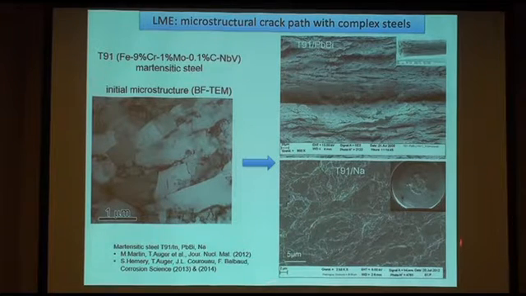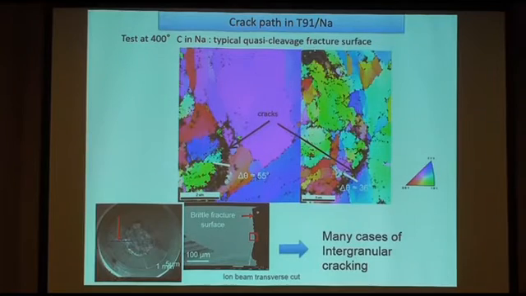Other cases were more conventional, like the same steel in contact with sodium, and here we have a typical fracture surface of quasi-cleavage. So one of the questions I really had to deal with was to find out about the crack path in the microstructure. It's only when we started to be able to look at the nanoscale.